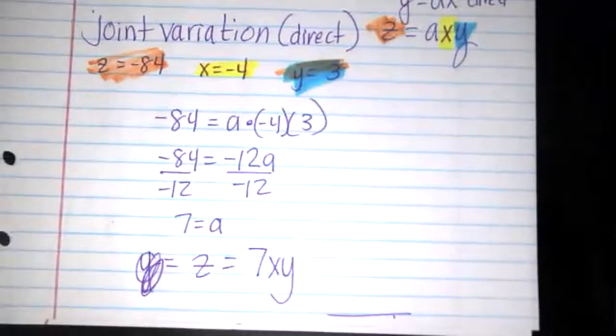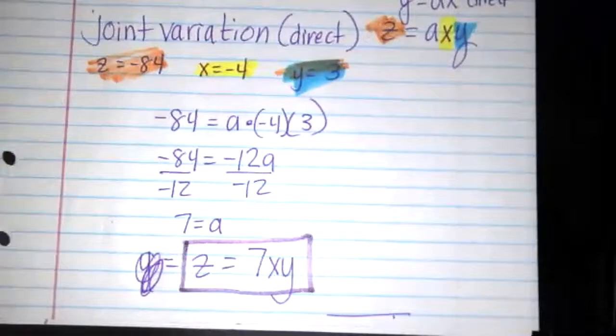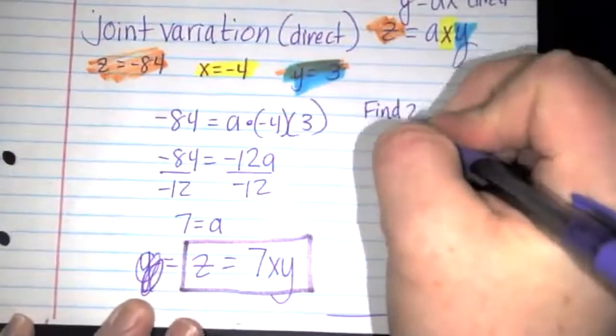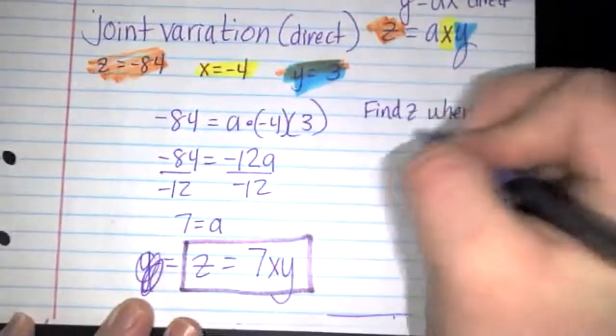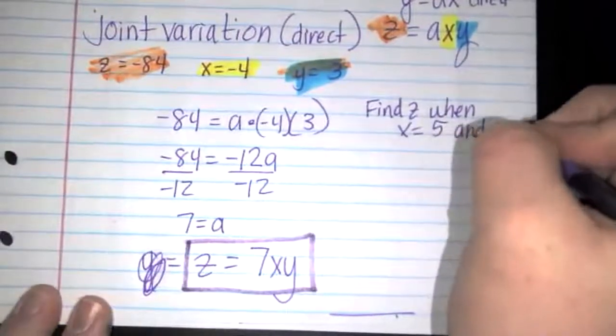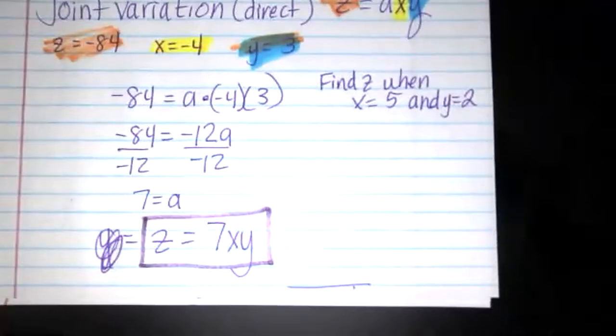Because now I can give you new values. All right, so find z when x is 5 and y is 2. Go.